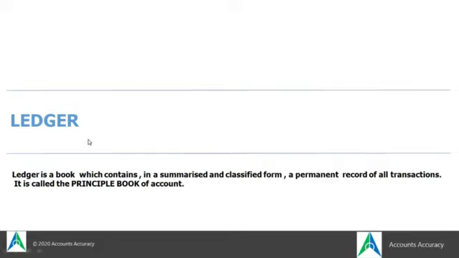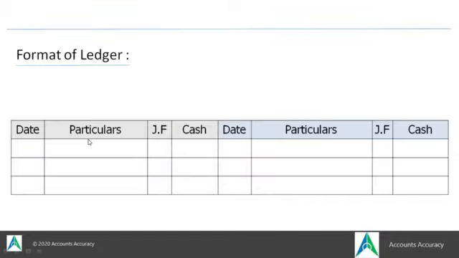Now let's come to understand the format, but you must know ledger is the master record of all the accounts of business. Now this is the format of ledger, in which you need to draw date, particulars, journal folio, cash account.